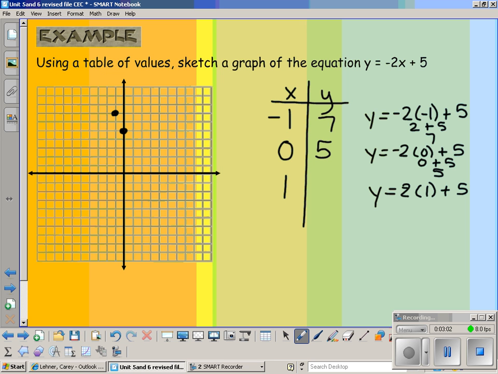Negative 2 times 1 is negative 2, plus 5 is 3. So when x is 1, y is 3. And we can determine that we likely have not made an error because these 3 points do line up in a line. And so we can join them, extend them, and put arrows on both ends. And you have drawn the equation of the line.